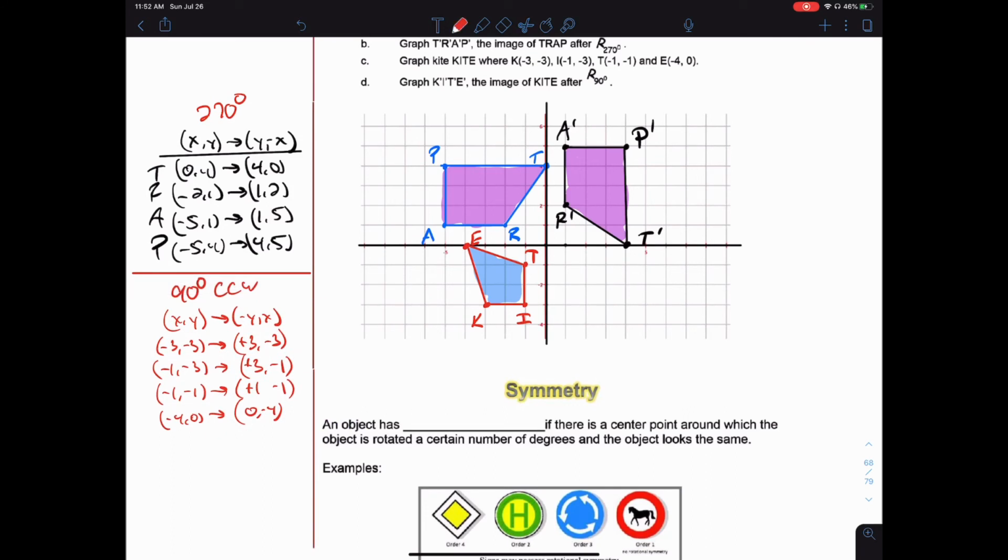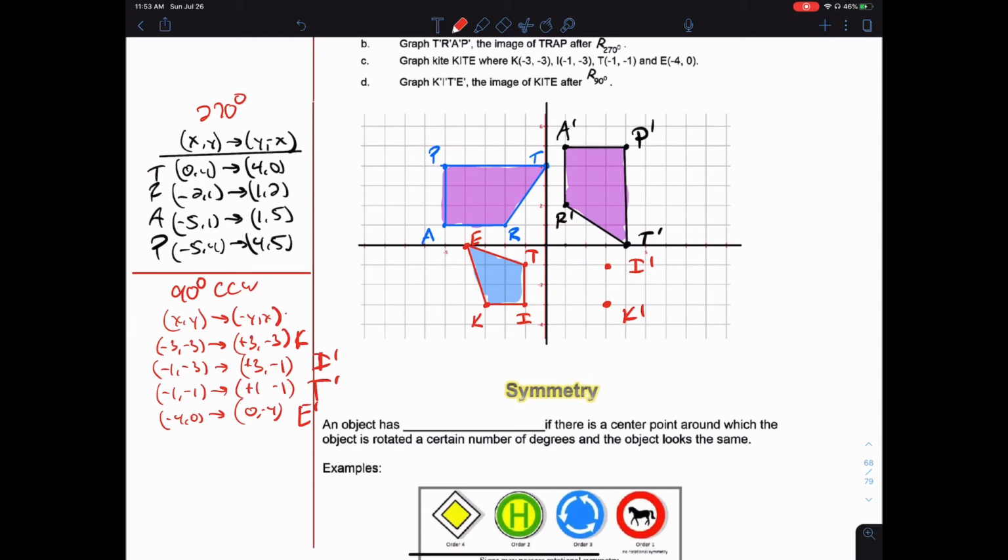So, K prime, I prime, T prime. Whoops, messed that up. The first one was the rule. K prime, I prime, T prime, E prime. So 3, negative 3. That is K prime. Positive 3, negative 1. That's I prime.